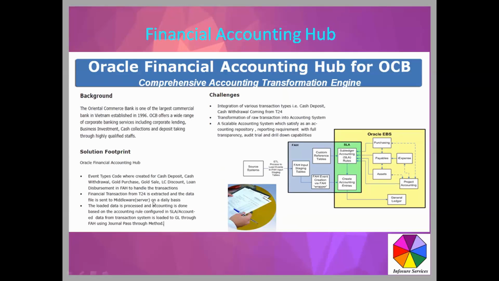All these banking transactions, like loans and deposits, have a financial implication. They come into this accounting hub where rules are set and data is loaded, and then the accounting rule set will generate the accounting entries and put them into the ERP system.